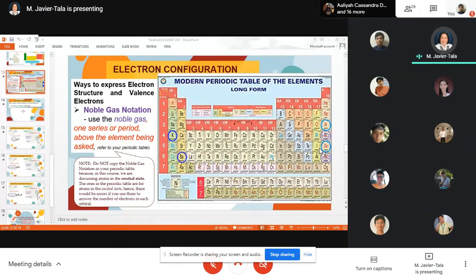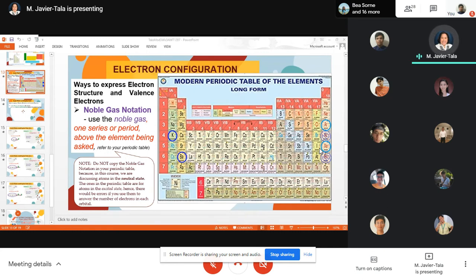So please take note that you should not copy what is written as the noble gas notation in your periodic table because those are in the excited state.